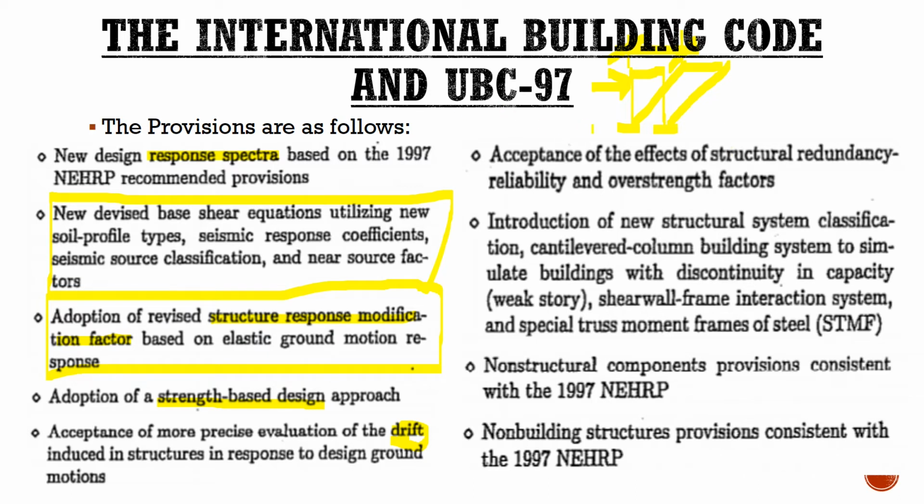Then acceptance of the effects of structural redundancy, reliability, and overstrength factors. Introduction of new structural system classification. So cantilevered column building system to simulate buildings with discontinuity in capacity, that is the weak story.